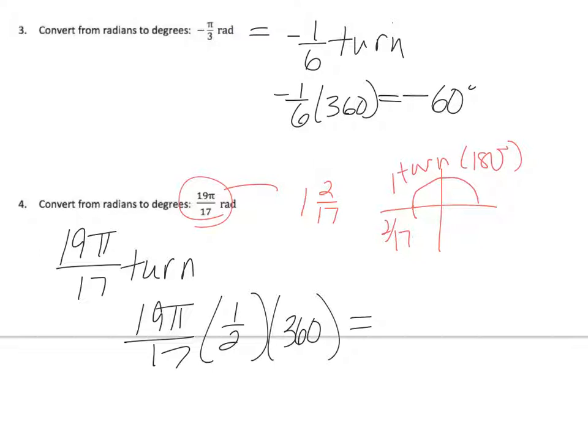So 19 divided by 17 divided by 2 times 360 is 201.2 degrees. Cool? And I'm sorry, I made a mistake. That shouldn't be there, and this should say radians. So sorry. All right, let's try another one.